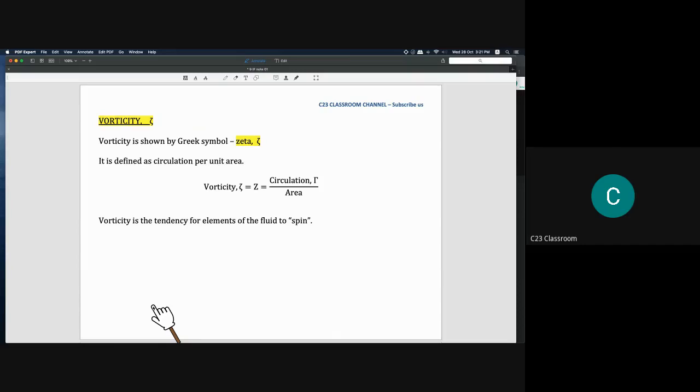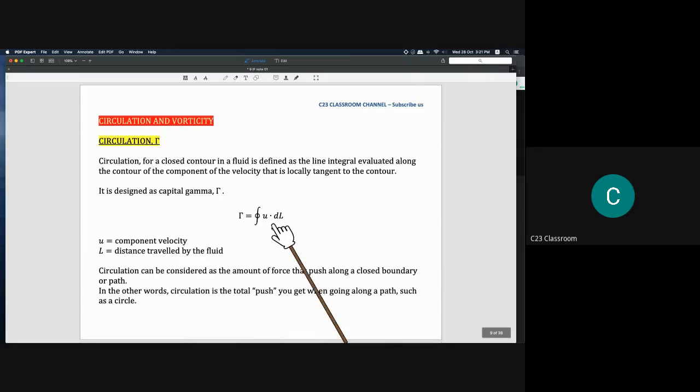So the idea is, the symbol is written as gamma, the circulation, and gamma is the velocity multiplied by the length of the distance traveled by the molecule. That's the common idea.